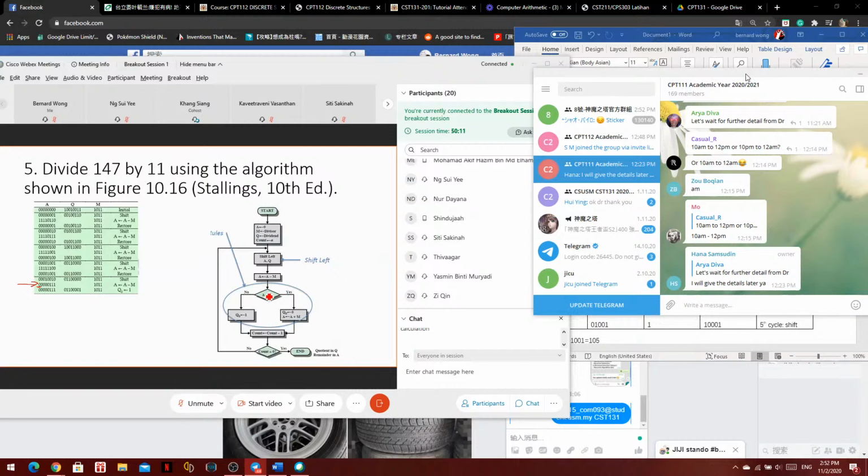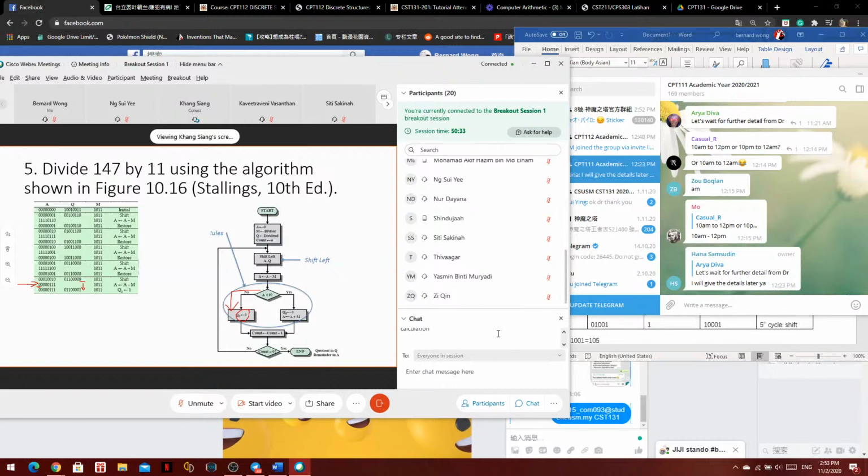Means that A less than 0, no. So go here. You just need to set the Q0 equal to 1. So set this one to 1. Okay? So just remember the steps. When it's yes, do the restore and set the Q0 equal to 0. When no, no need to restore, but just let the Q become 1.